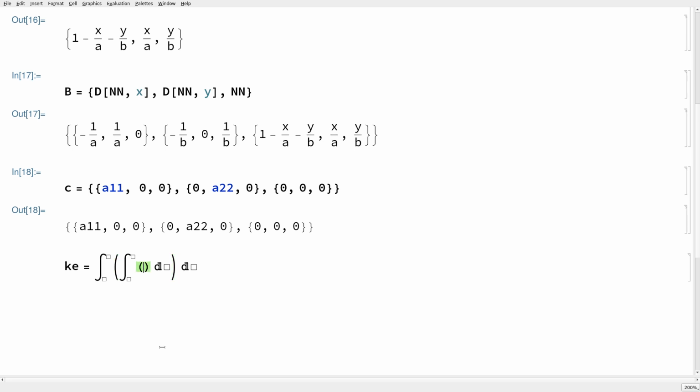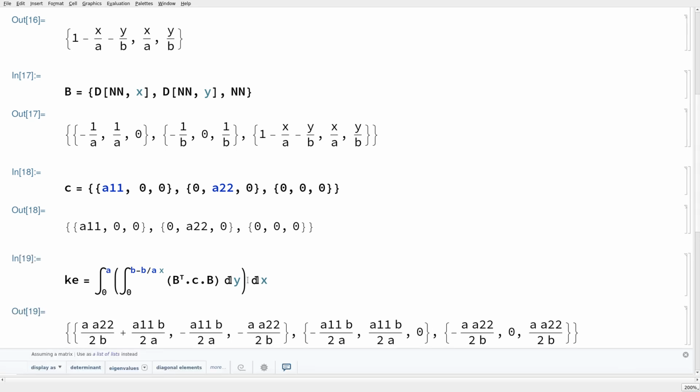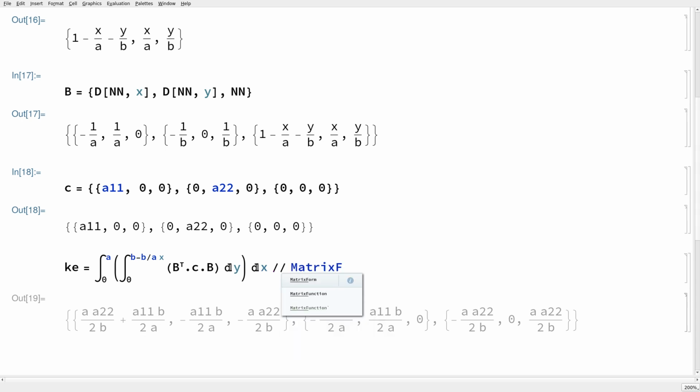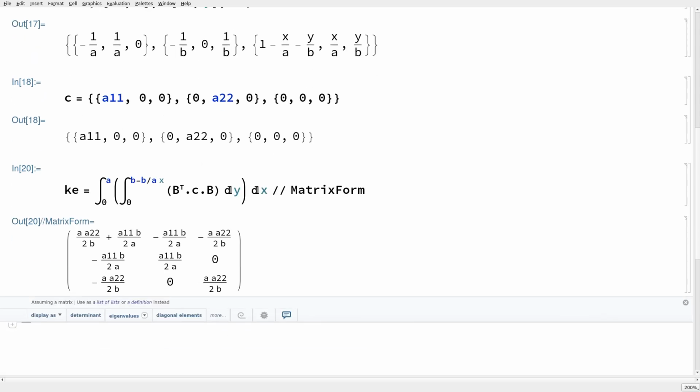In the integrand, it'll be B transpose C B, and we're going to integrate over y, the first integral, and it's going to go from 0 to b minus b over a x, and then the other integral will be over x, and that just goes from 0 to a. So there's our element stiffness matrix.